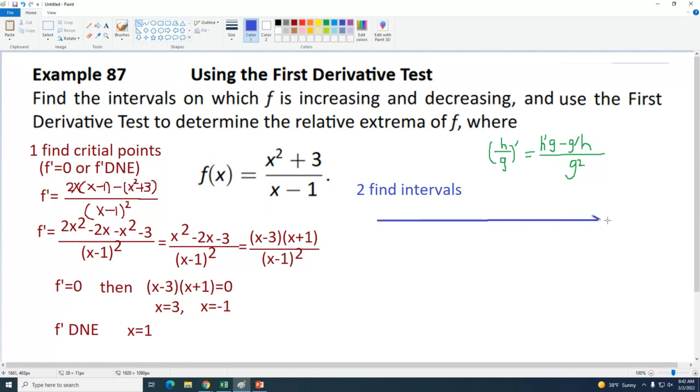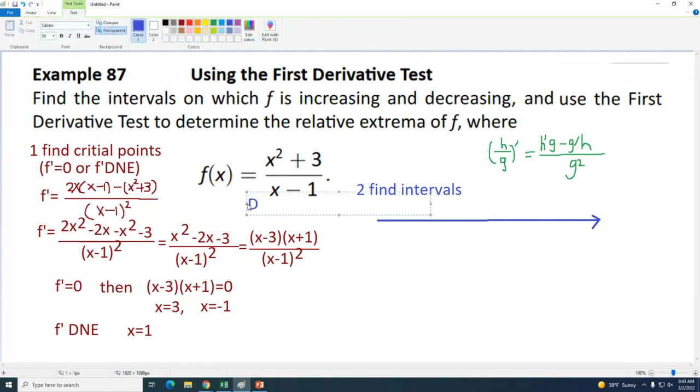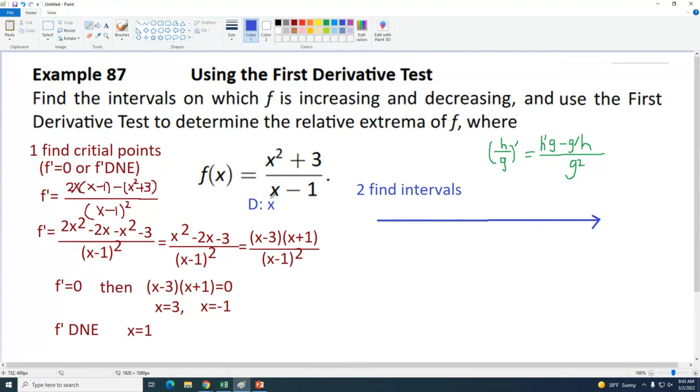But in this case, the number line is slightly more complicated because we have a division. So the division limits the domain. In the domain of this function, by definition, x cannot be 1.